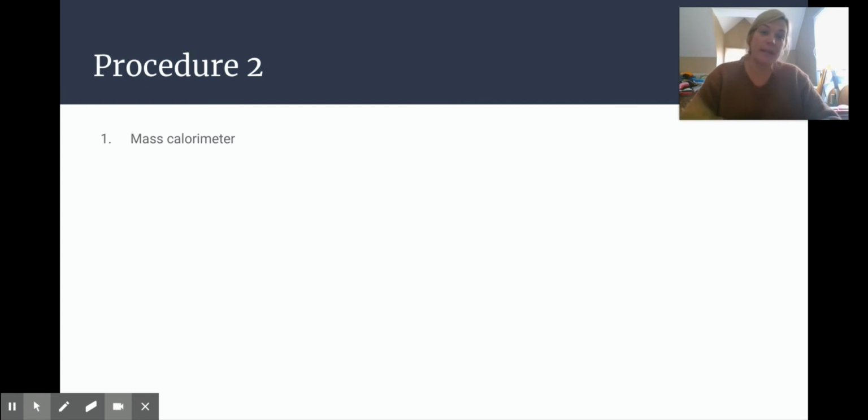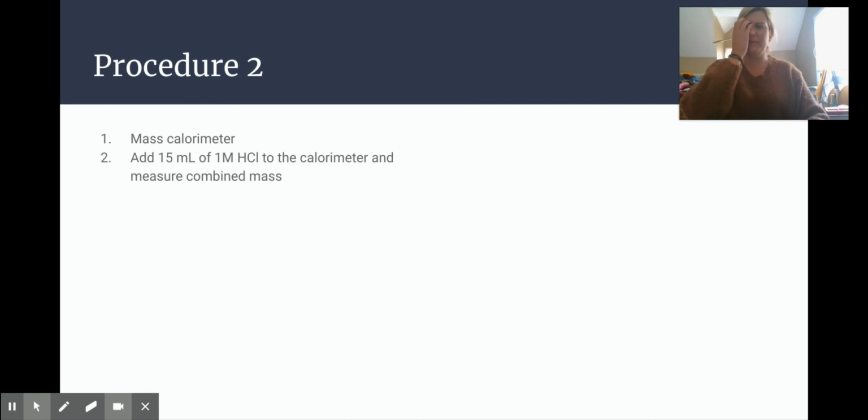Okay, second procedure. The first procedure that we just did was equation A, so magnesium solid plus HCl. The second procedure is equation B, where we're using magnesium oxide and HCl. So again, we're going to mass the calorimeter. We're going to add 15 milliliters of 1 molar HCl, and then measure its combined mass.